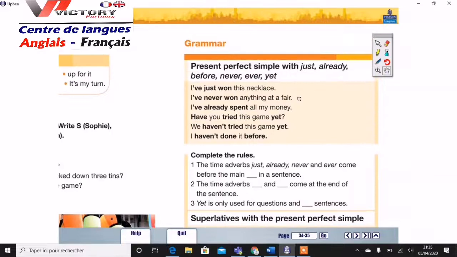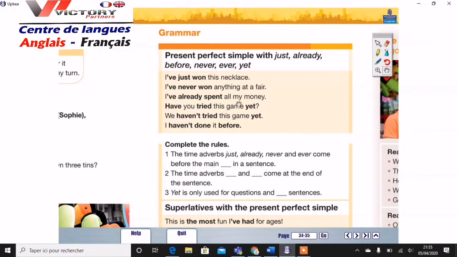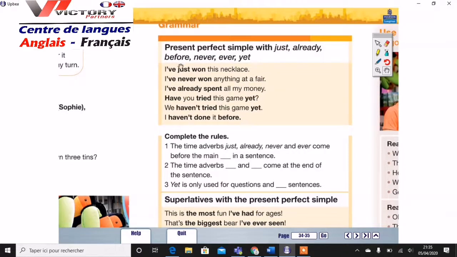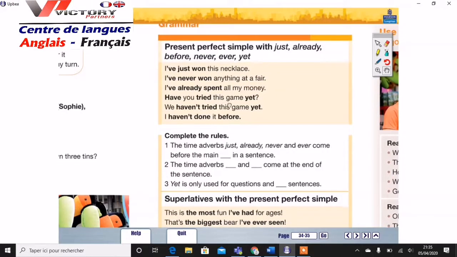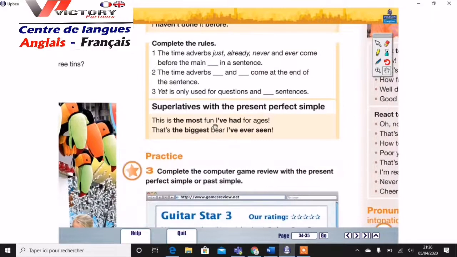Okay, later we will move to talk about the grammar. We have already reviewed present perfect simple with just, already, before, never, ever, and yet. So here you have got some examples. Try to use this example in order to complete the rules you have got here. So superlatives with the present perfect simple.